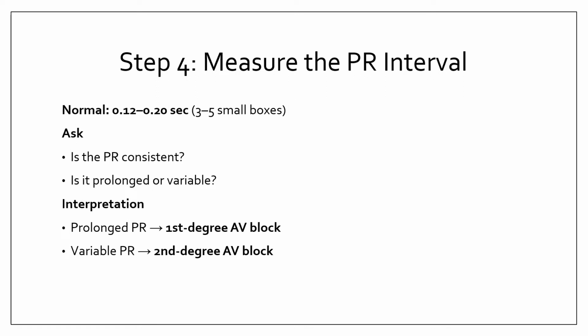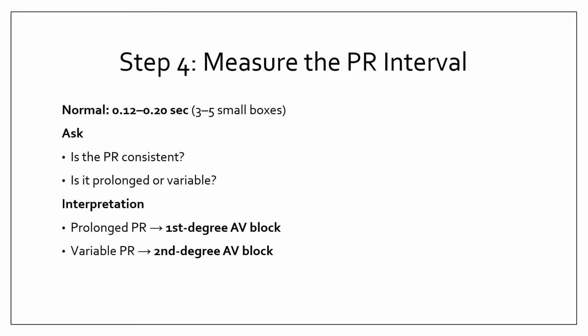A prolonged PR interval is greater than 0.20 seconds. That means the conduction is too slow, but it's still intact. And we look at this and say, this is a first degree AV block. So everything's getting through, but it's just delayed, it's late.